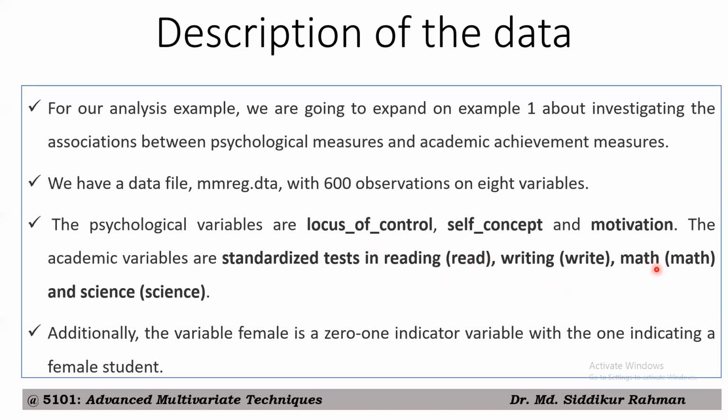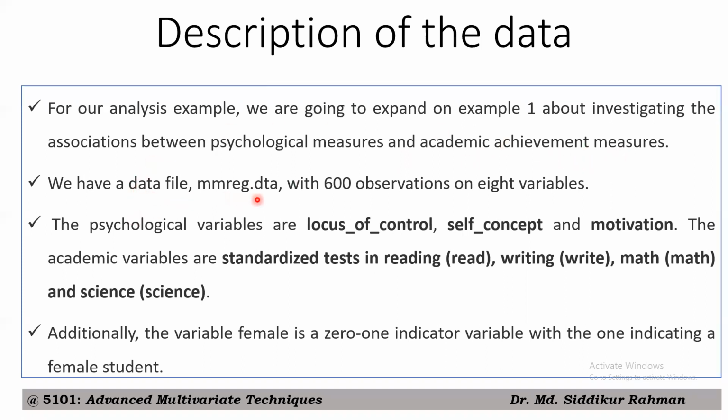And what is your capability in math, solving math-related problems, and also in science? So these standardized tests are based on four things: reading, writing, math solution, and science solution. These are some other variables you can incorporate. So mainly psychological measures and academic achievement measures, right?